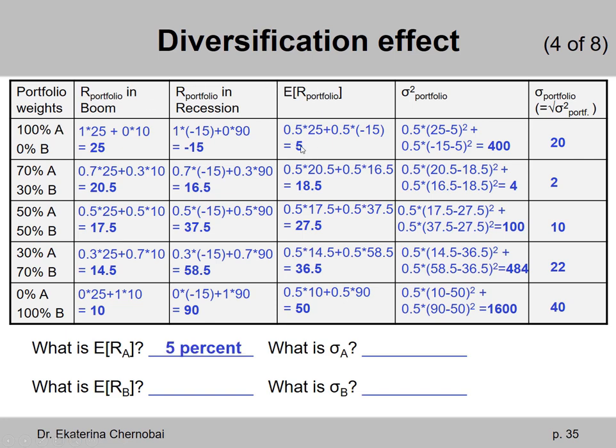So that's 5%. What's the expected return on stock B? That's a 50% portfolio with just B in it. Expected return on the portfolio. What are the two standard deviations for A and B? First row is just A, so we have 20%. Last row is just B, we have 40%.